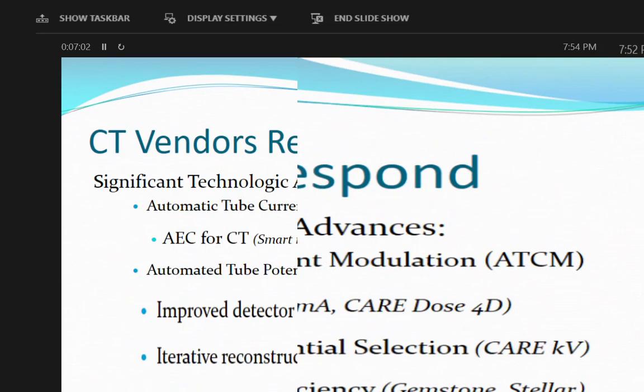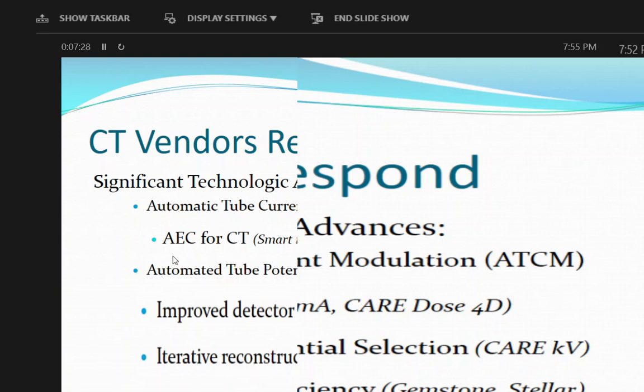The CT vendors also responded as well. They started using automatic tube current modulation, meaning that the scanner, and we'll talk about this way more in physics, has software that knows when it's in the lungs, it doesn't need as much technique, but as it goes down into the abdomen, it needs to increase, and then when it goes into a thinner part, it needs to decrease. So that's automatic tube modulation.